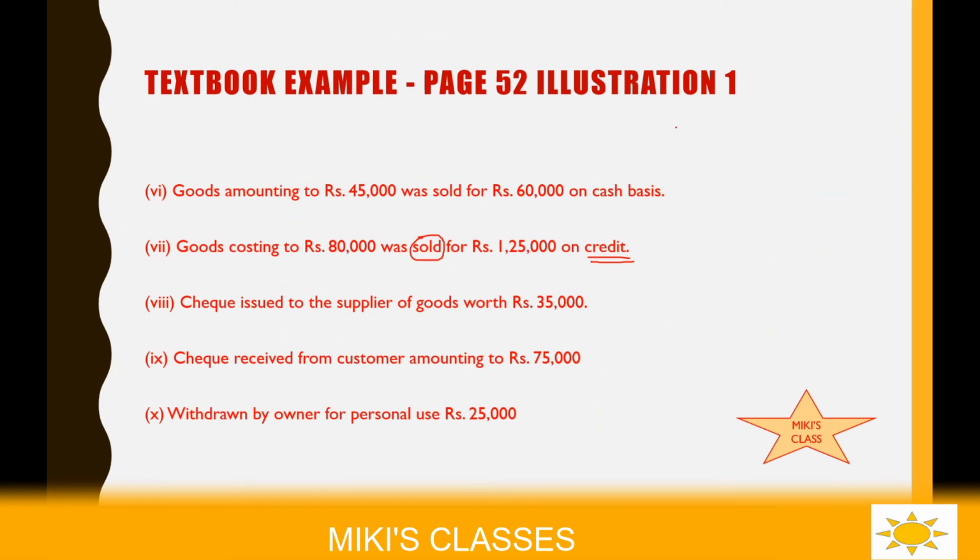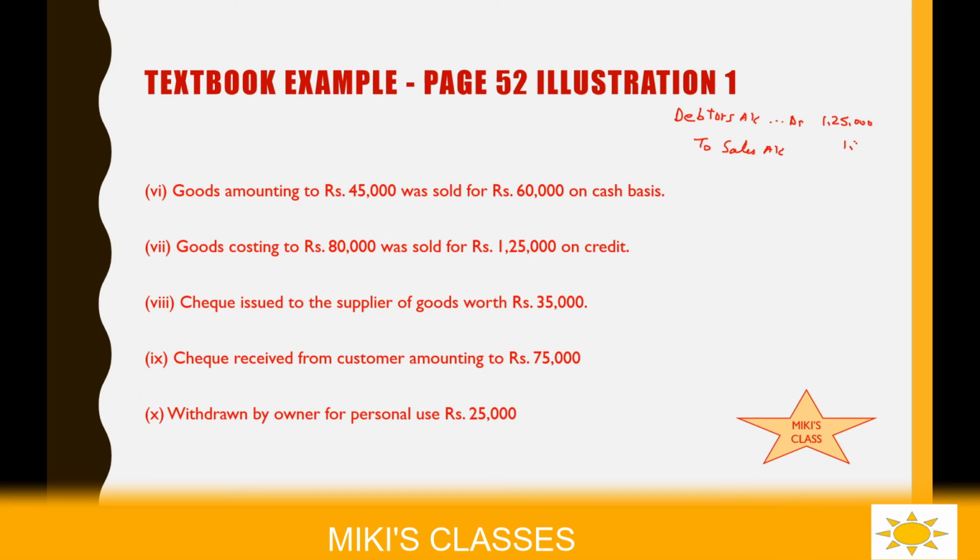So what will happen is this will be debtors account debit to the sales account, by how much? 1,25,000.